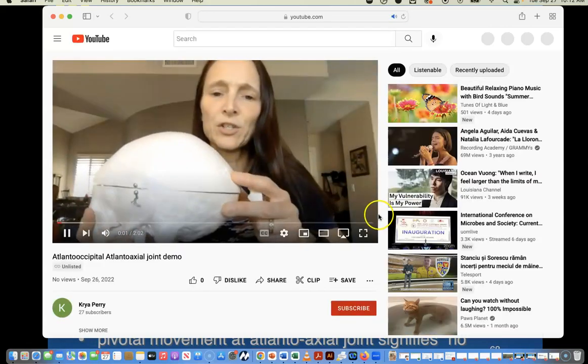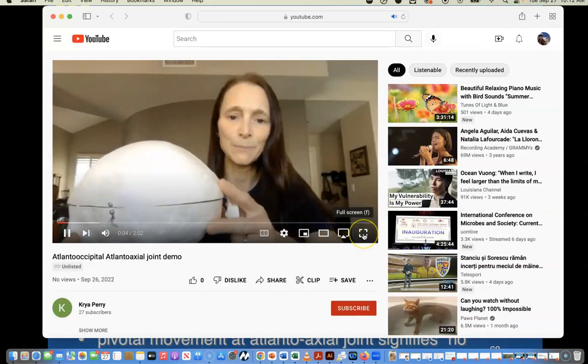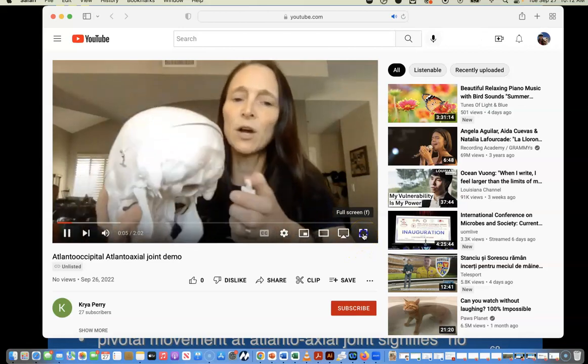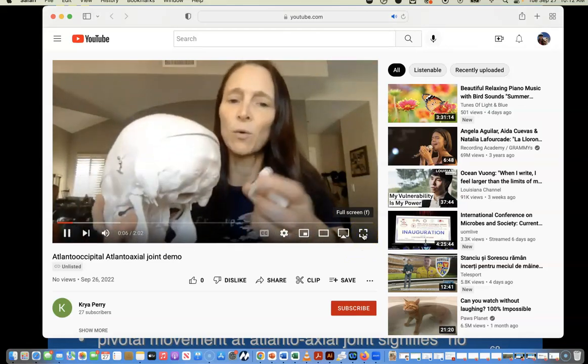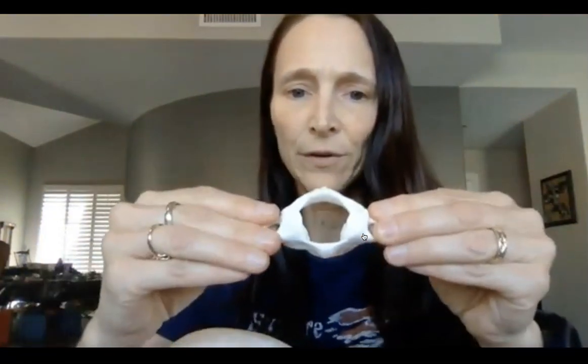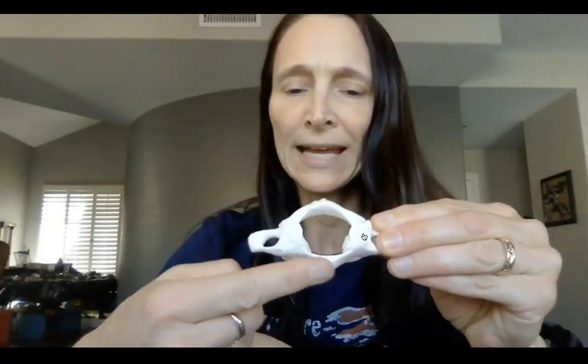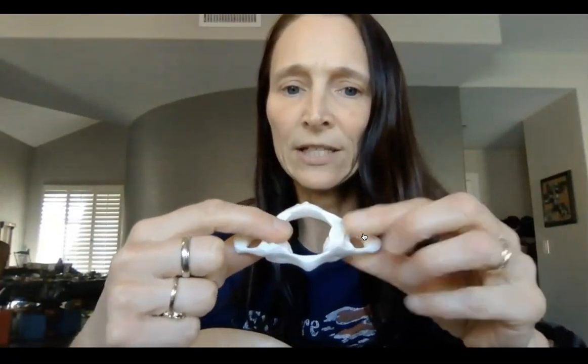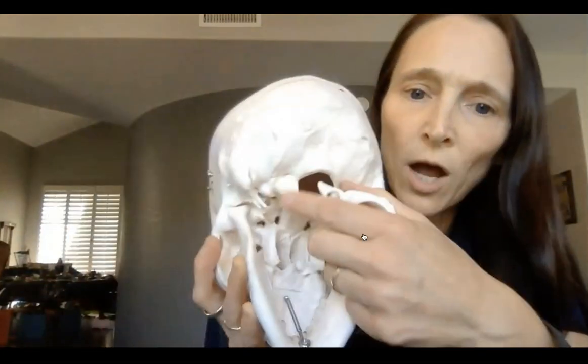So I'm first just going to show you the atlanto-occipital joint. It's just like it sounds, between the atlas and the skull. Here I have the atlas for you, and this is the anterior arch. Here is the superior articular facet, and they are going to articulate with the occipital condyles.